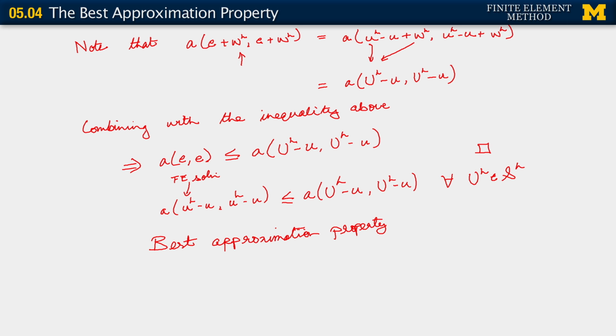All right. So the finite element method does a very efficient job. Once we pick our space SH, it does a very efficient job of choosing that member of SH that minimizes the norm of this difference. And that is your finite element solution. Okay, all right, good. We'll end this segment here.